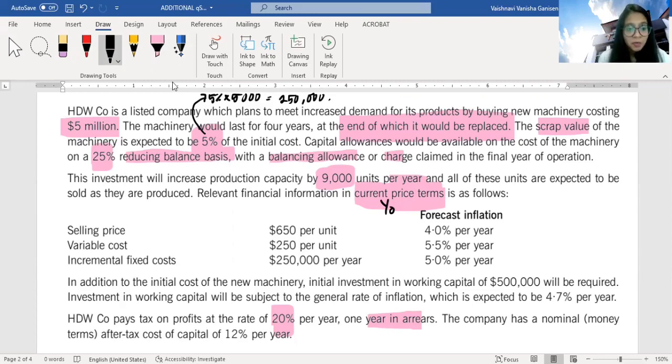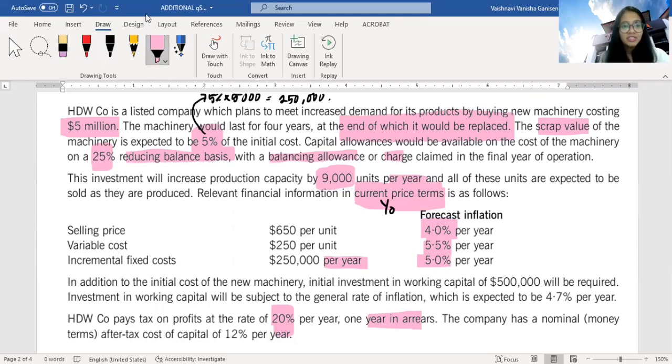Selling price in the current year is $650 per unit. The inflation is 4%. Variable cost is $250 per unit. The inflation is 5.5%. Incremental fixed cost is 250,000 per year and the inflation is 5% per year.